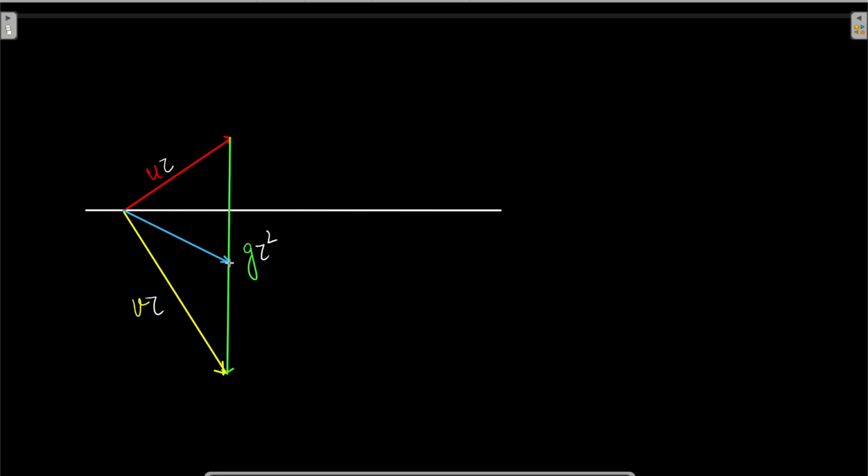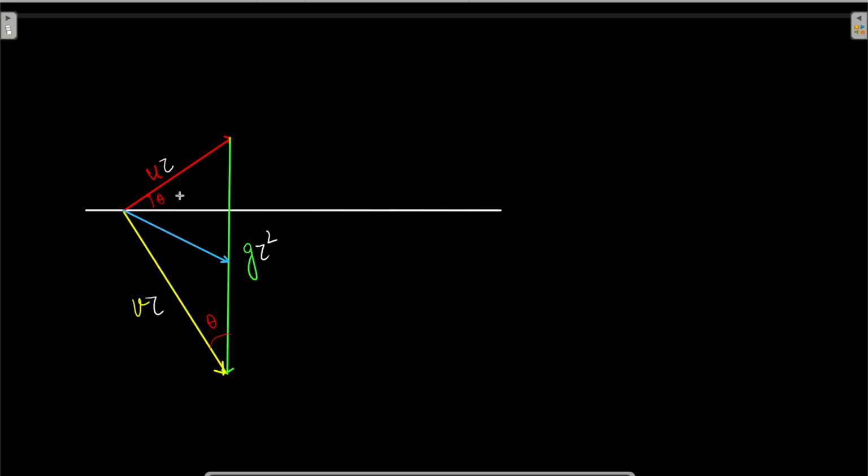See, the final point of this vector should lie on the midpoint of this thing. Let's consider the geometry part. This angle is theta. By similar reasoning, for maximum range this should be 90 degree. This is already 90 degree, so this must be theta also.